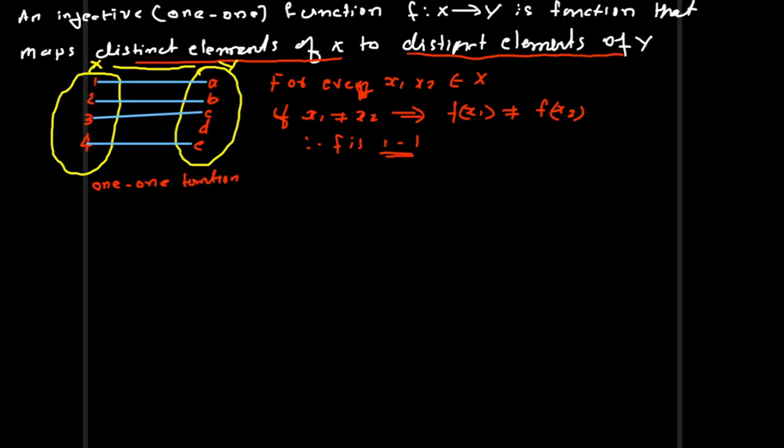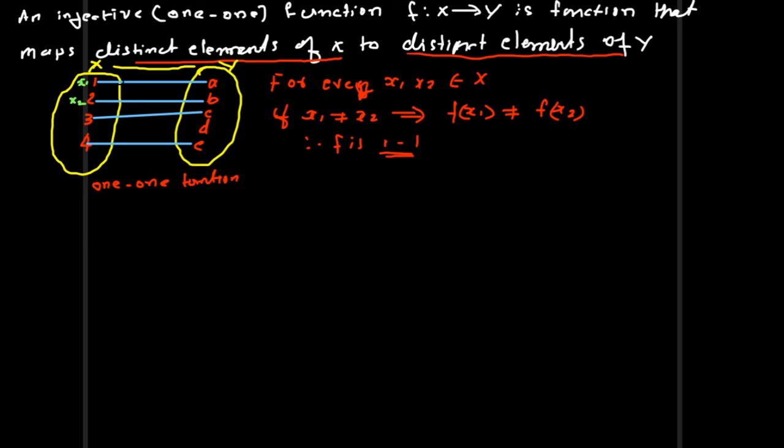So for example, we can take from here, suppose this is x1 and this is x2. So x1 and x2 are not equal, x1 is equal to 1, x2 is equal to 2.